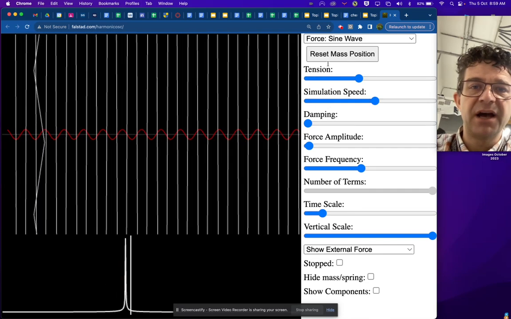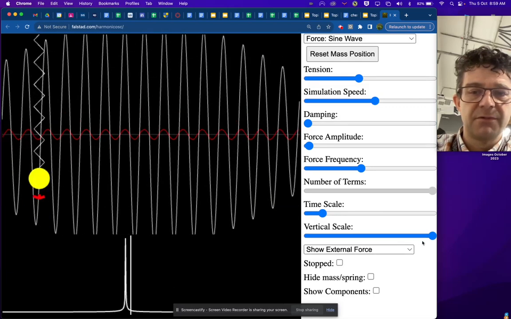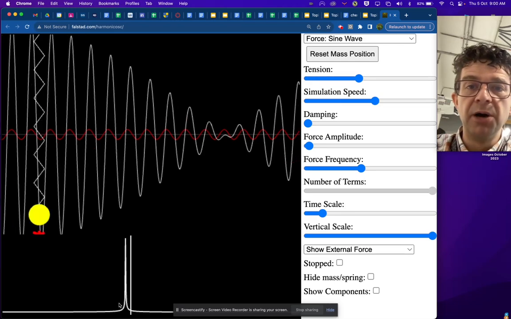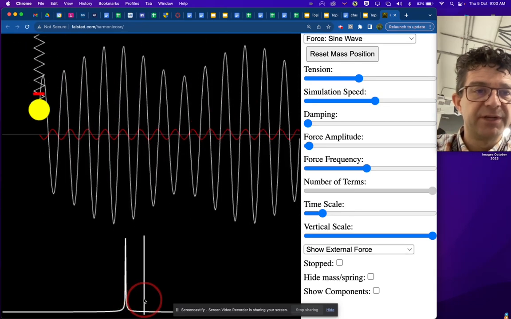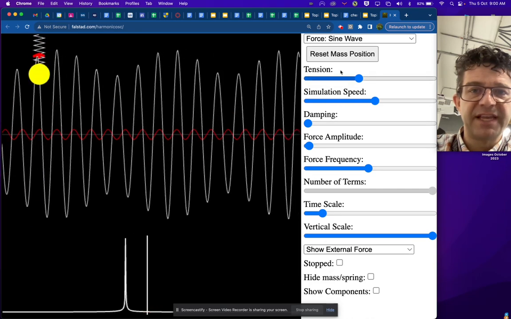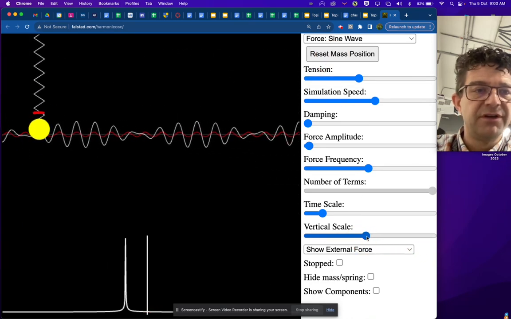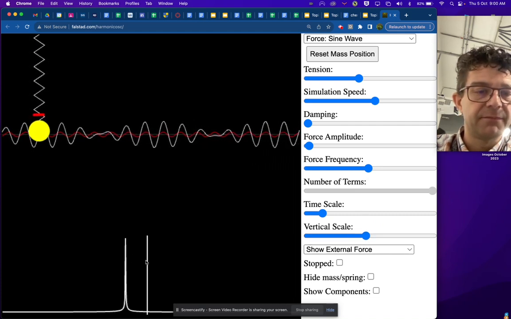As we go beyond, we see the same effect that we had with slightly below the resonant frequency. As we go a little bit further, the same thing happens. We see an increase in the amplitude, followed by a decrease in the amplitude as it gets out of sync.